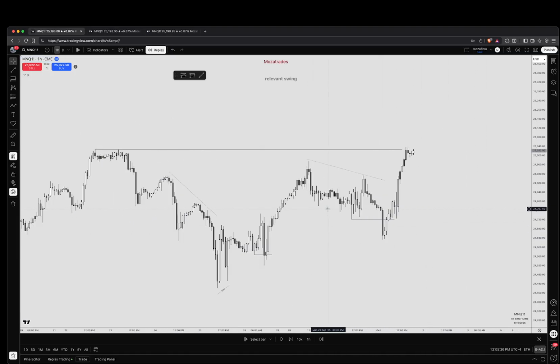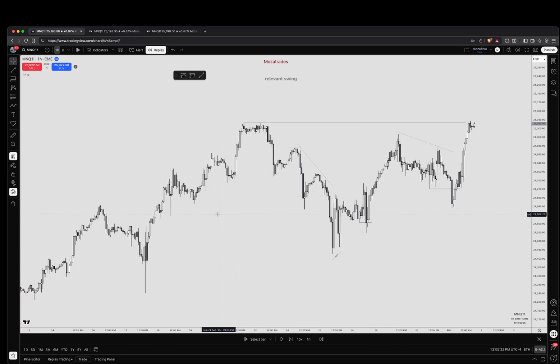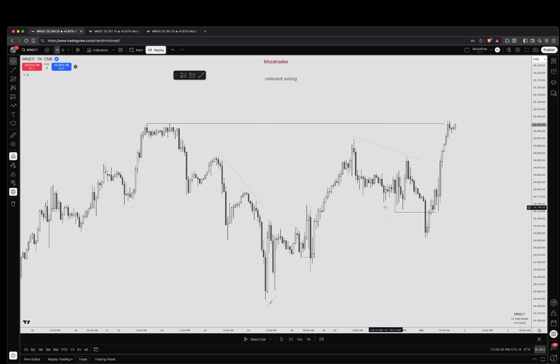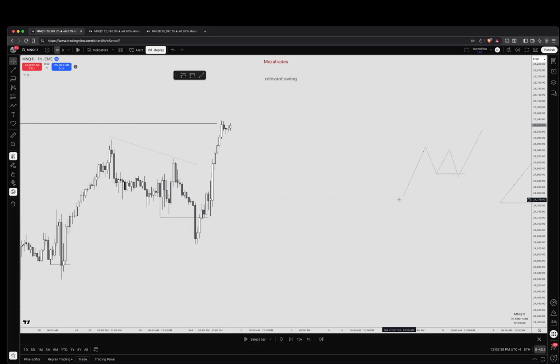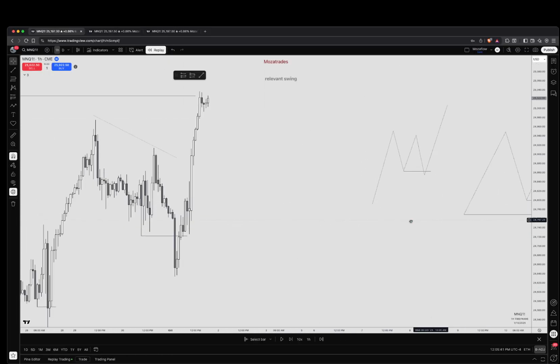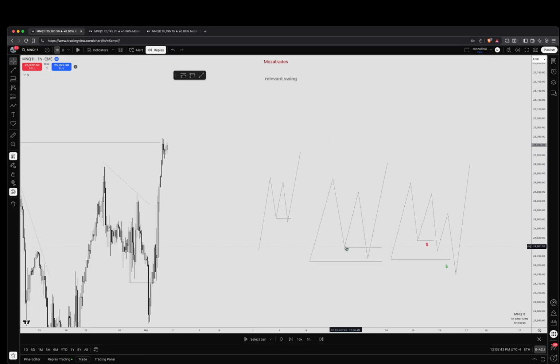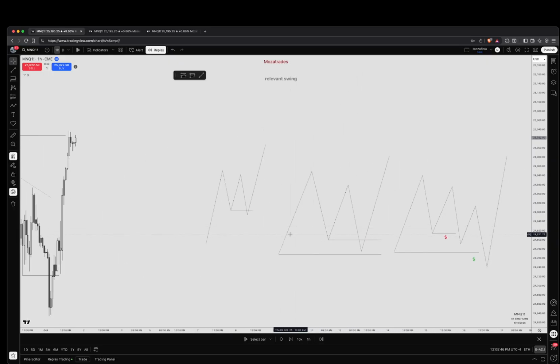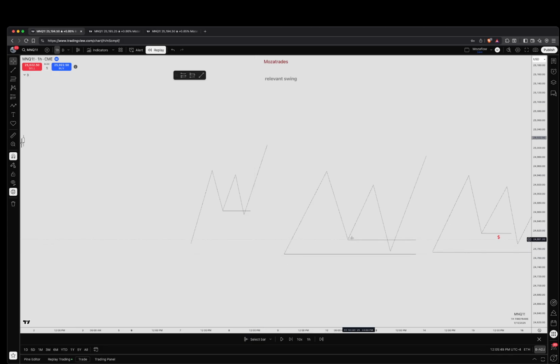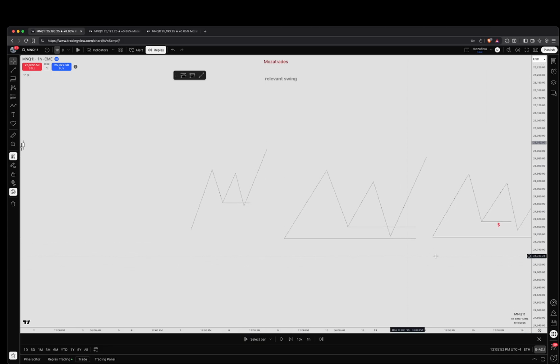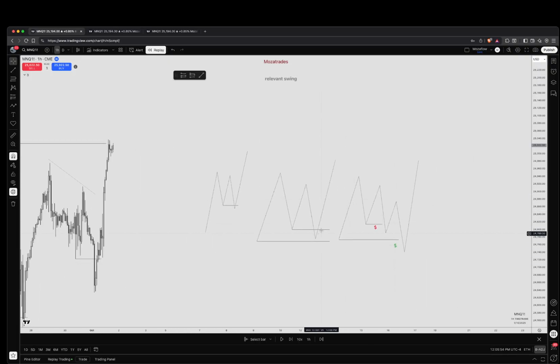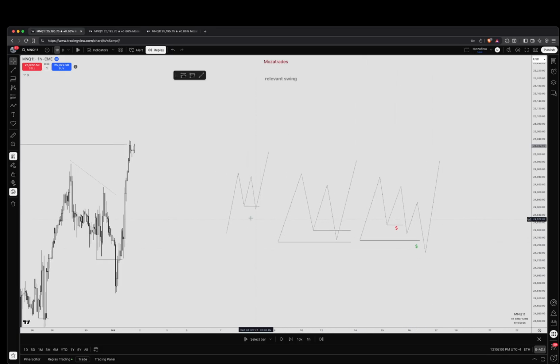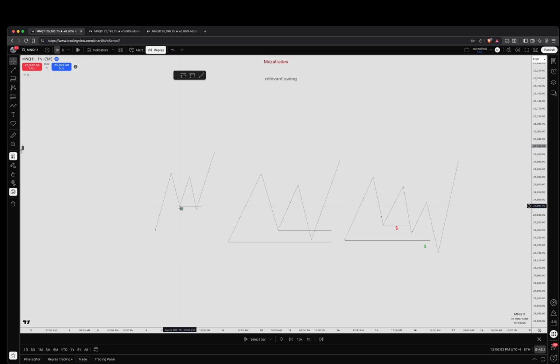So they specifically don't trade from failure swings, meaning swing formations that are like this, anything that is in close proximity to the next swing point. They don't consider it to be reliable plays to expect a reversal from. This is a relevant low because it's far away from the next one, which is right here.